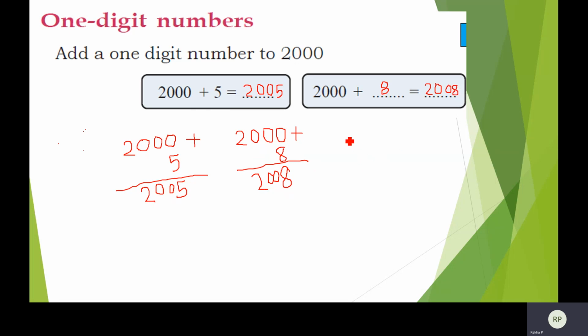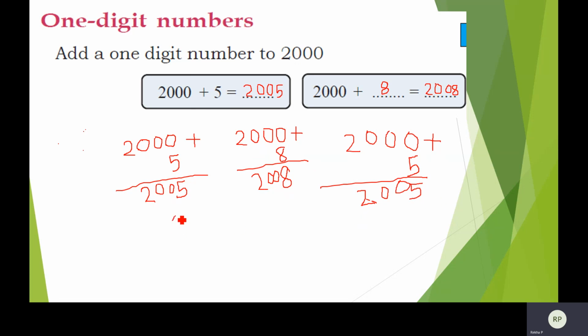Let's do two more questions, two more one digit numbers added to 2000. Tell some other one digit number. Why don't we go for 5? What is the answer? 0 plus 5, it is 5, and you can bring down all the 0s and this 2, so you will get 2005.